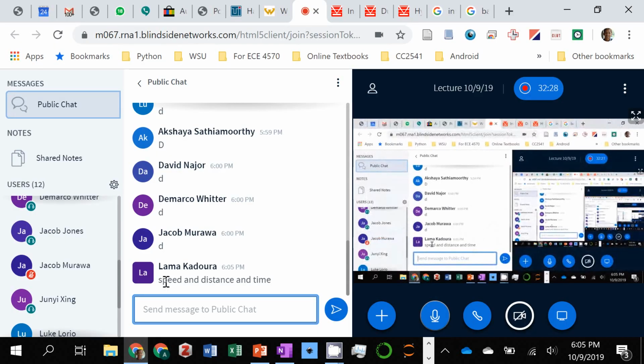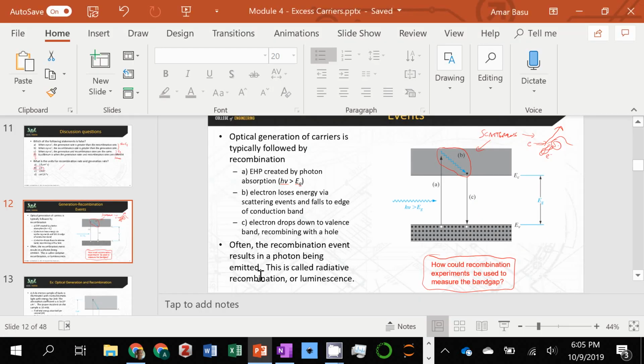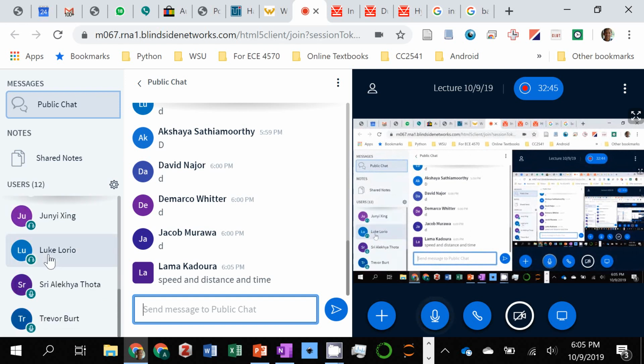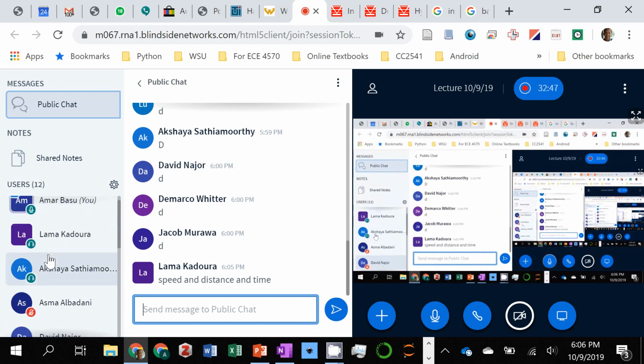Lama said speed and distance and time. Lama, could you expand on that? Oh, that was from before, was it? No, it's from that. Lama, is your microphone working? Could you expand on that a little bit? Okay, Lama is typing something here.